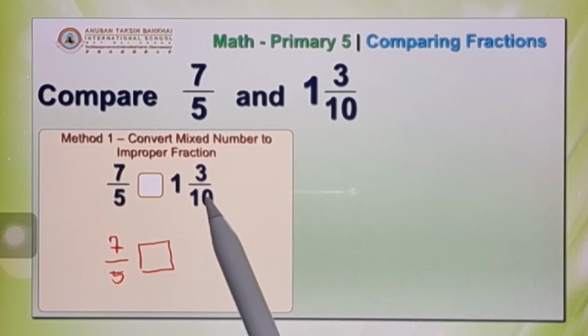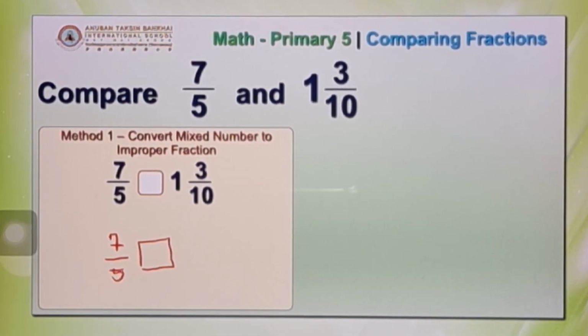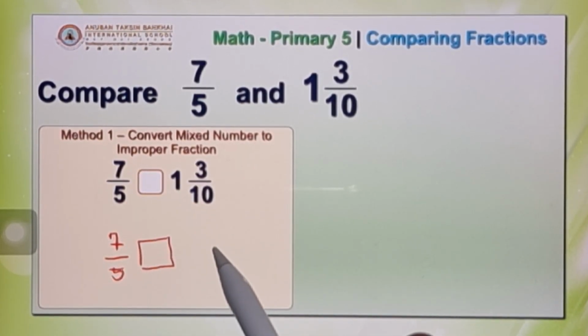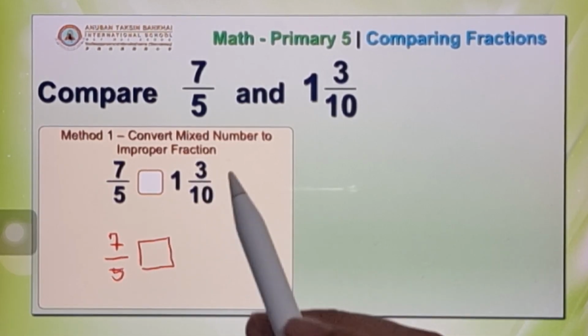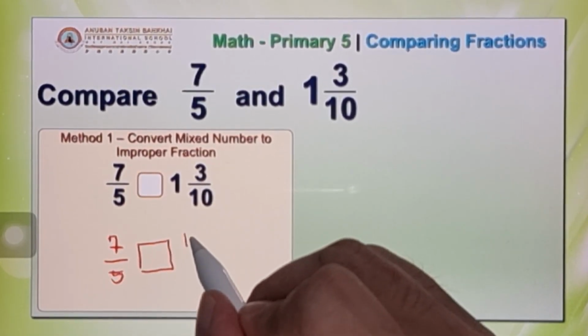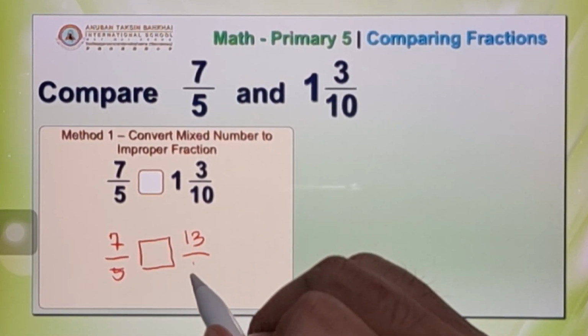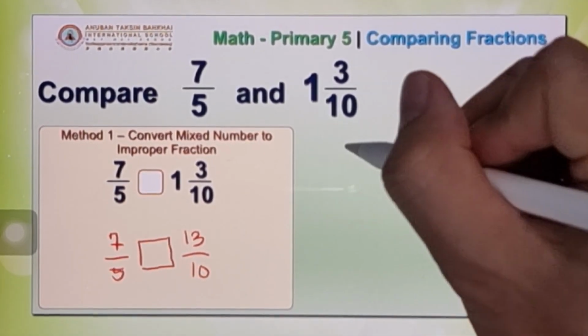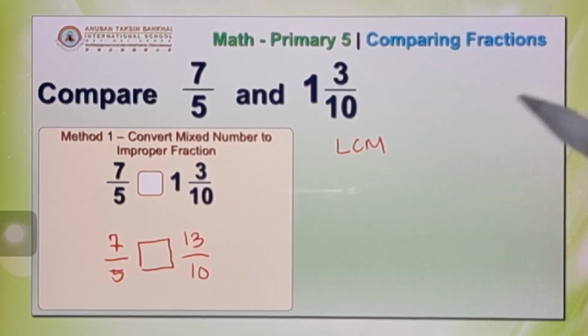Since this is our mixed number, we'll change this into an improper fraction. Again, 10 times 1, that is 10 plus 3. So therefore, this is 13 over 10. Now take note that 5 and 10, they are not the same. So we're going to find our LCM.